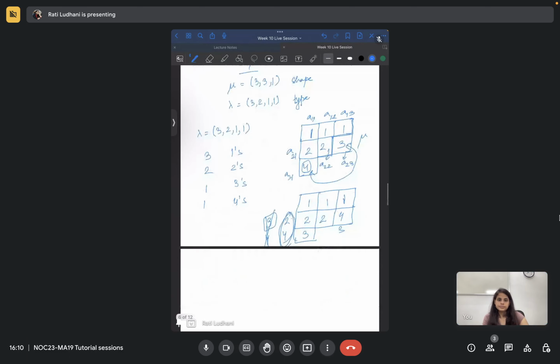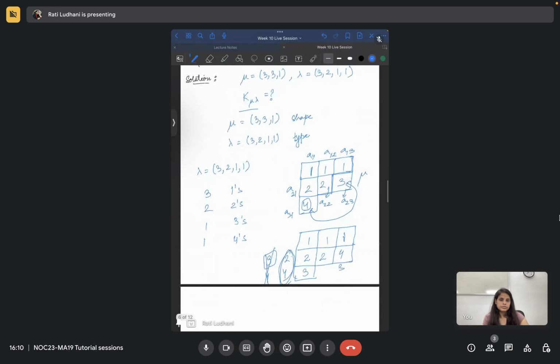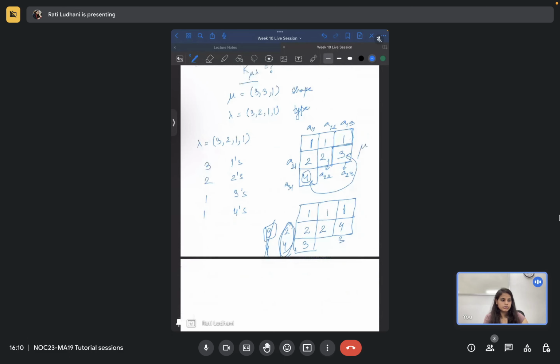Ma'am, row wise repeated is not necessary, ma'am. Which one? Column wise. If row wise 2 2, then in column wise we can't write 2 2. Column wise we will not write 2 2. Now we are writing 2 2 row wise. The same way we can write 1 2 2, is it possible or not?